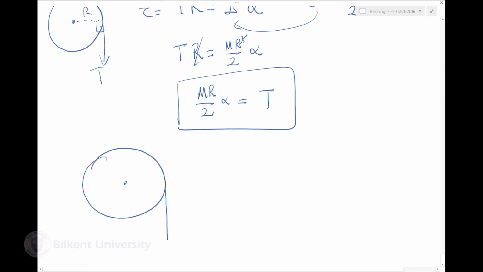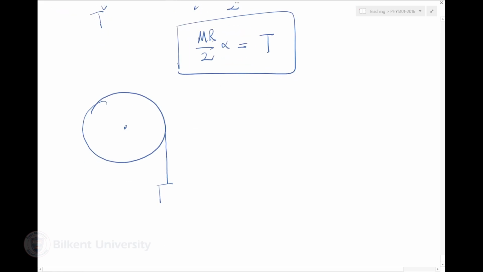Let's say this is my initial position. If I rotate the pulley by an angle theta, what will happen to the mass? It will actually go down. Why? Because I assume that my rope is not stretching.